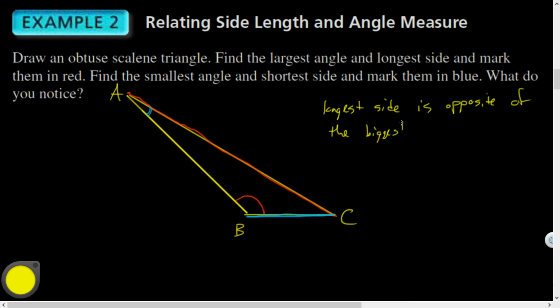All right, does that appear to be true? Does that feel like it would make sense? The biggest angle, opposite that would need to be the biggest side. And then similarly, the smallest side is opposite of the smallest angle.